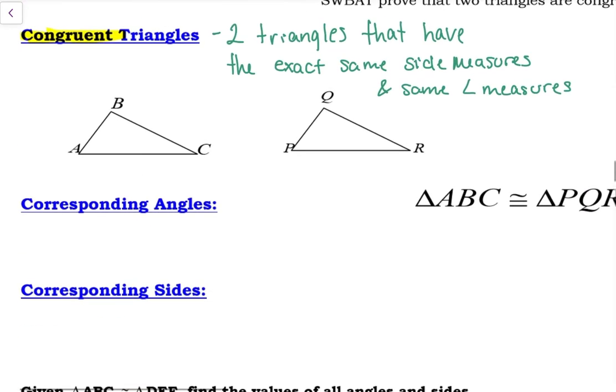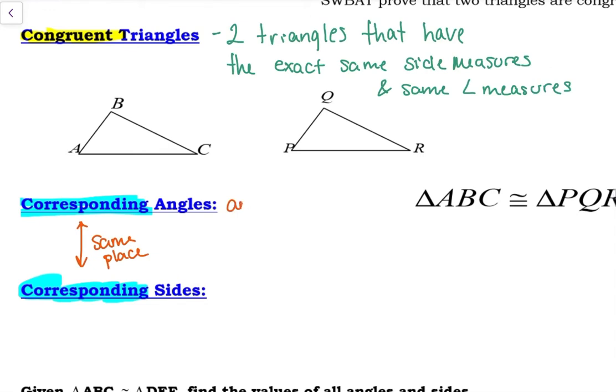So when we're talking about congruent triangles, they have corresponding angles and corresponding sides. So corresponding, just like corresponding angles like we did with transversals, corresponding means same place. So corresponding angles and corresponding sides are going to be angles and sides in the same place on both triangles.